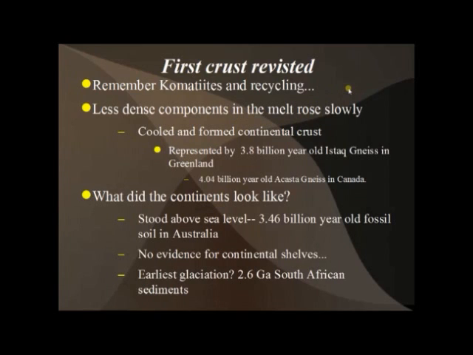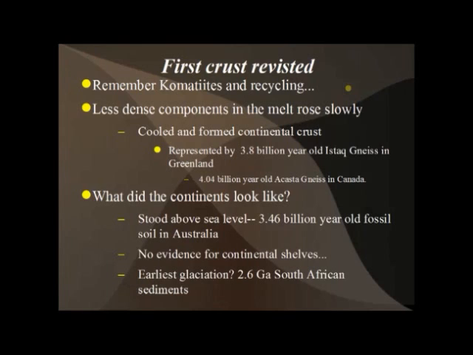So remember, the first crust that we came across was the komatiitic crust. They're formed by the crystallization of mantle melt. They are denser than the mantle, and so they tend to sink down and recycle.